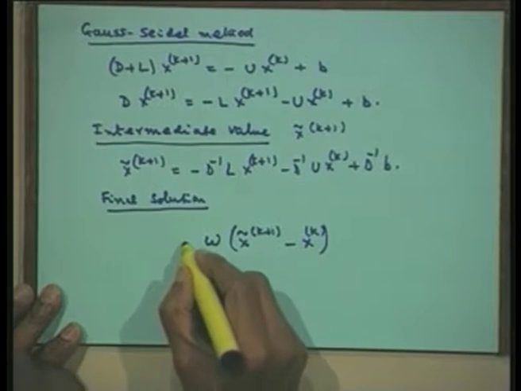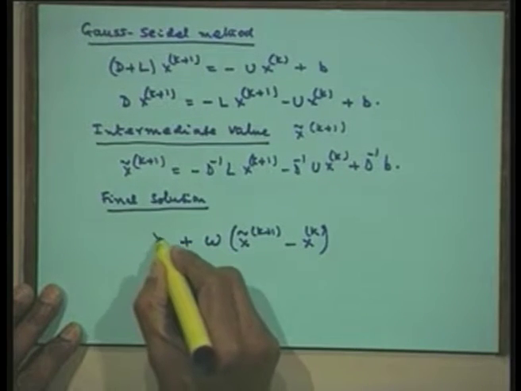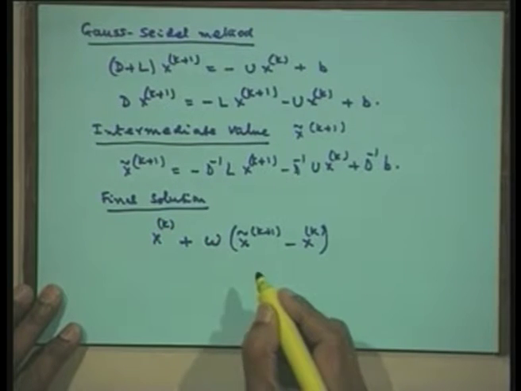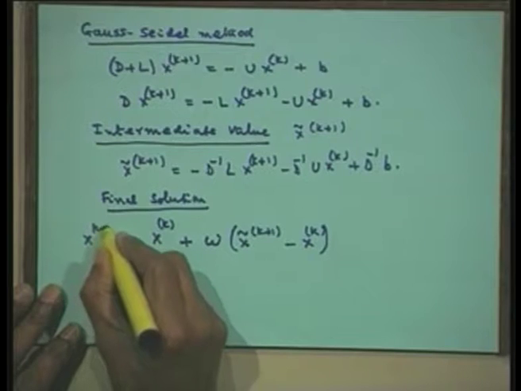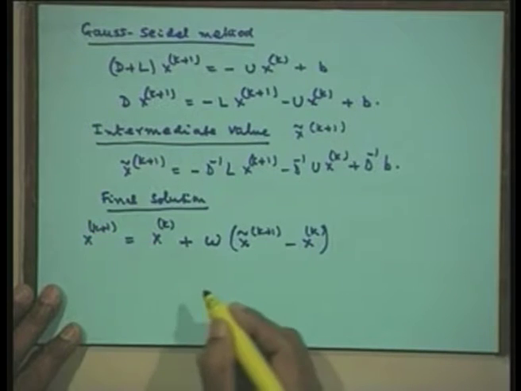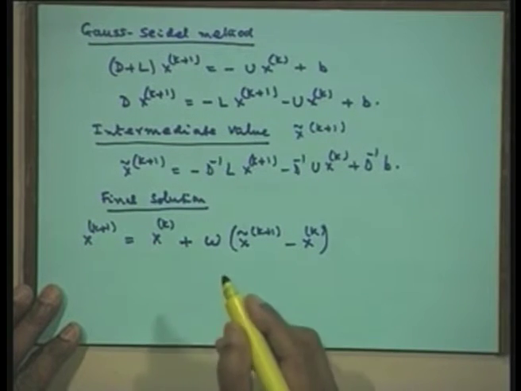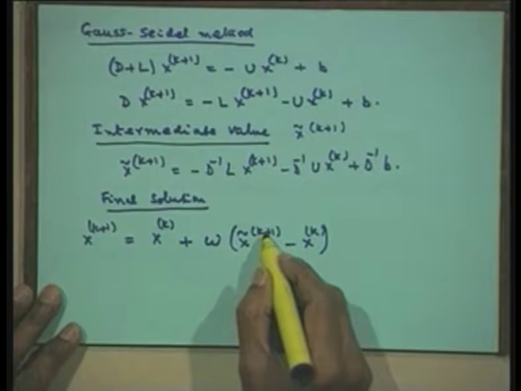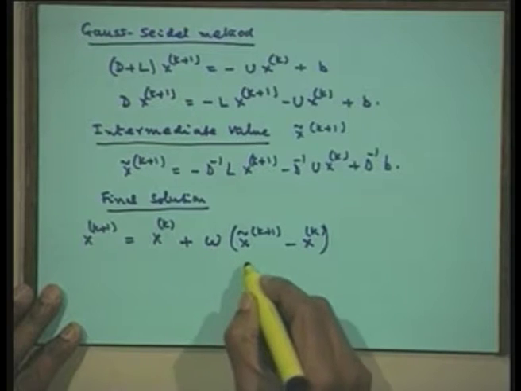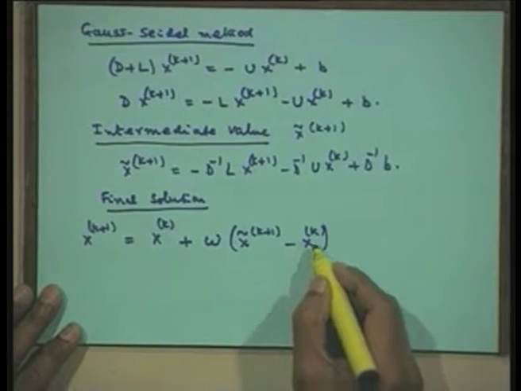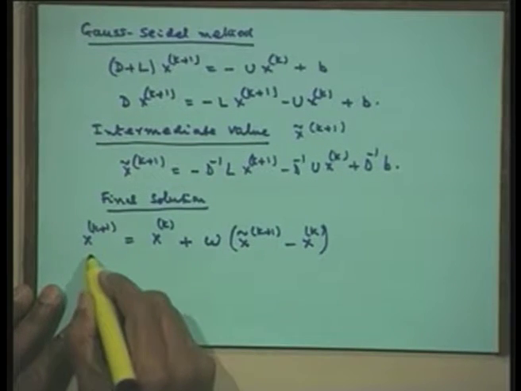Now, this product we shall add to the previous iterate x^k. This we shall say is our final solution x^(k+1). We can view this as a correction, using the parameter omega, to the previous iterated value to get the current estimate.